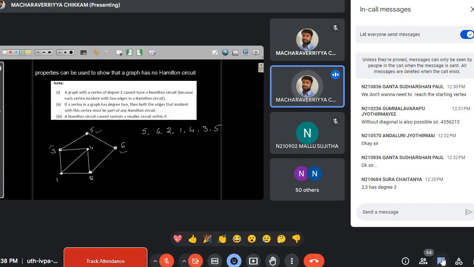This is of degree 3, and this is also of degree 3, and these two are degree 3 vertices. There are only two degree 2 vertices. Now you can see that in the Hamilton circuit, this vertex and this vertex and this vertex, all these vertices are included.